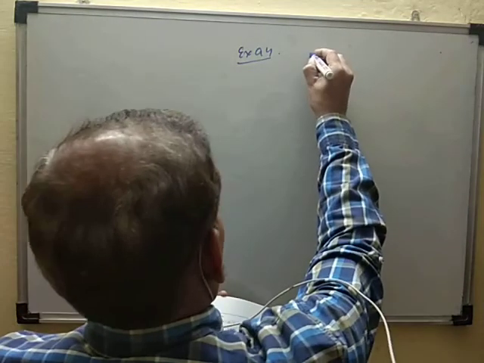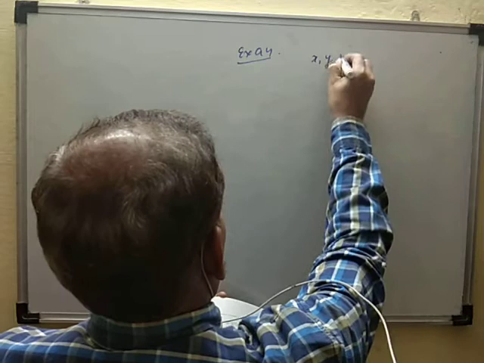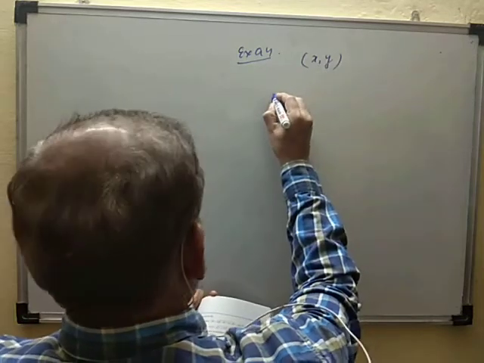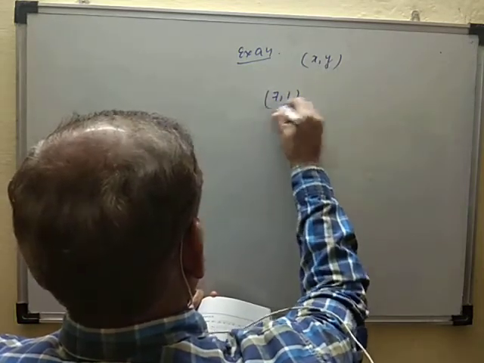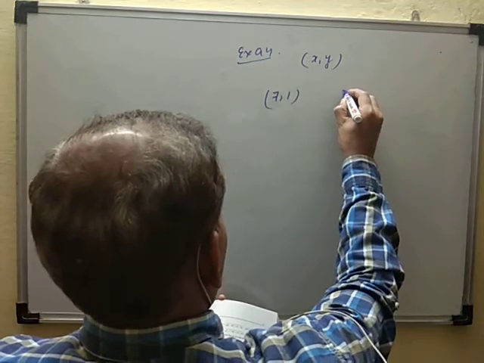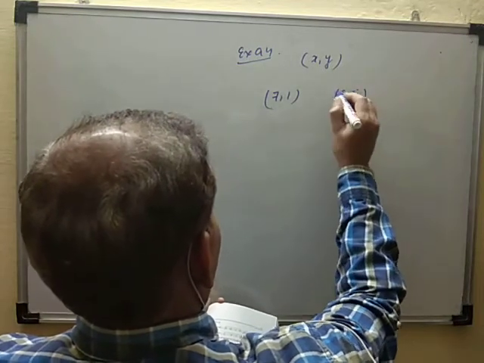So one point is given xy and 2 point given 7 1 and other point is 3 5.